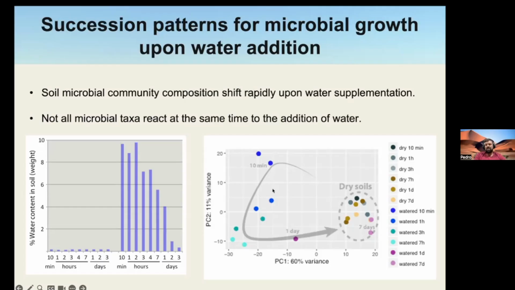Over 10 minutes, it changes even more, up to 7 hours, and then it starts reverting back to the dry state as the water in the system dries up, right, and dissipates. So this is a very clear indication that those communities are reacting to water addition, and they're reacting very quickly.